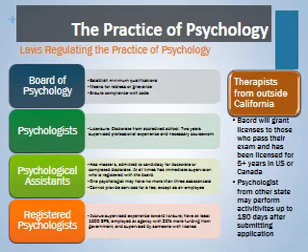Which also means that if you're on vacation or, there's all sorts of laws, but it gives you a little leeway. However, let's say you move and you're licensed in another state and you want to become licensed in California, you do need to take the CPLEE, Law and Ethics. Of course, everyone has to take that.